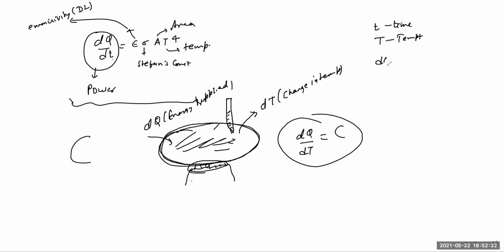So dQ by small dt is power, but dQ by capital dT is heat capacity. Dimensionally, it is energy upon temperature. Okay, sir.